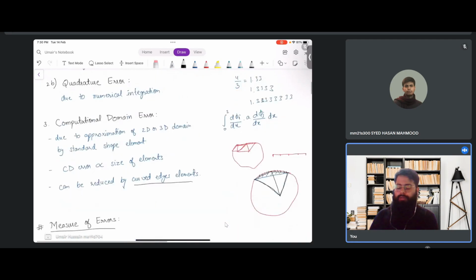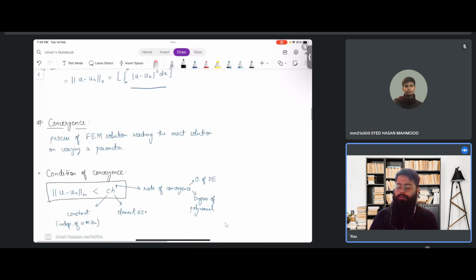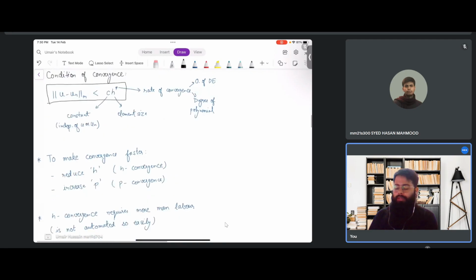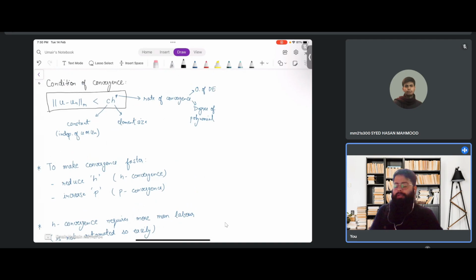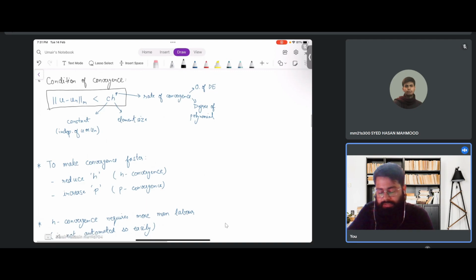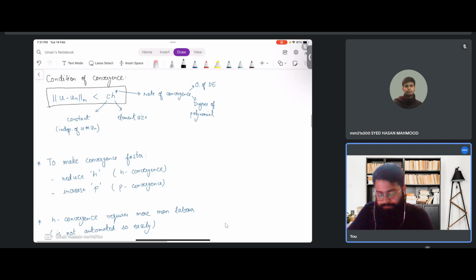We'll see how. And then if we increase the p, that will also reduce the error. So there are basically two types of convergence defined on this. One is known as the h convergence, and another is the p convergence.